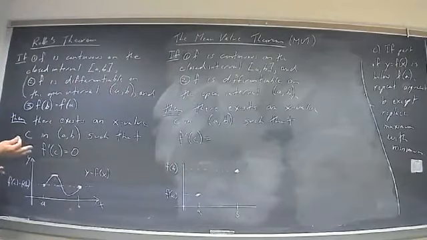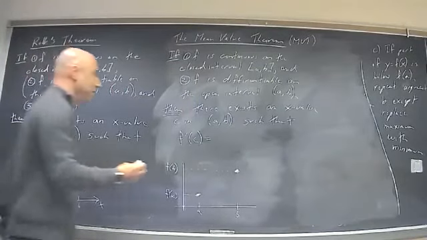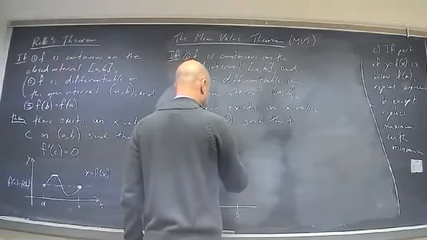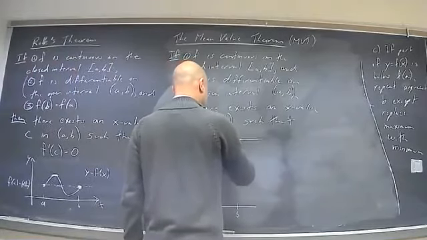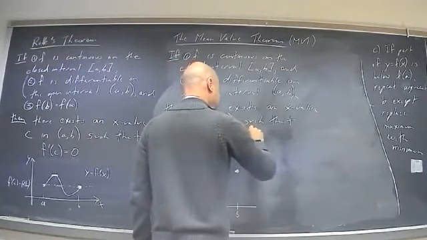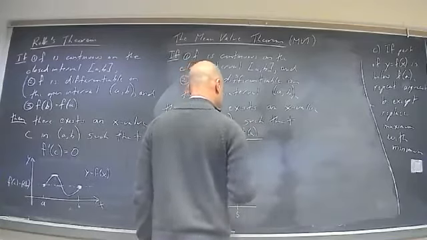That doesn't make any sense. It's certainly not a true statement. f prime of c equals f of b minus f of a over b minus a.